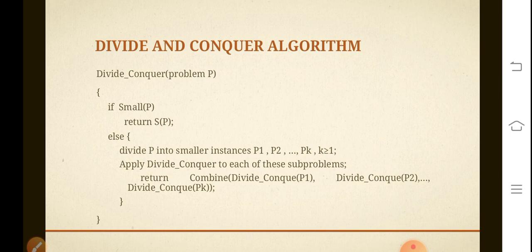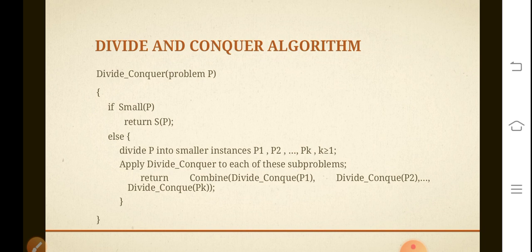So here the pseudocode of this divide and conquer algorithm, I'm considering it as a function, that is divide and conquer. Divide_conquer is the function name, and problem p is the argument to this function. If small of p, return solution of p. That is, if the problem is small, get the solution of that, that is s of p.